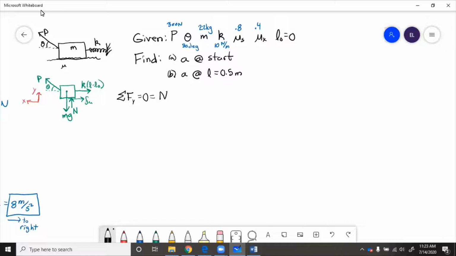Also, there's a component of the pull that's pointing up. So we'll have plus P sine theta, because the sine component pulls up, the cosine component goes to the side, and then we subtract the weight pulling down. So if we rearrange this, then we'll get N equals mg minus P sine theta.